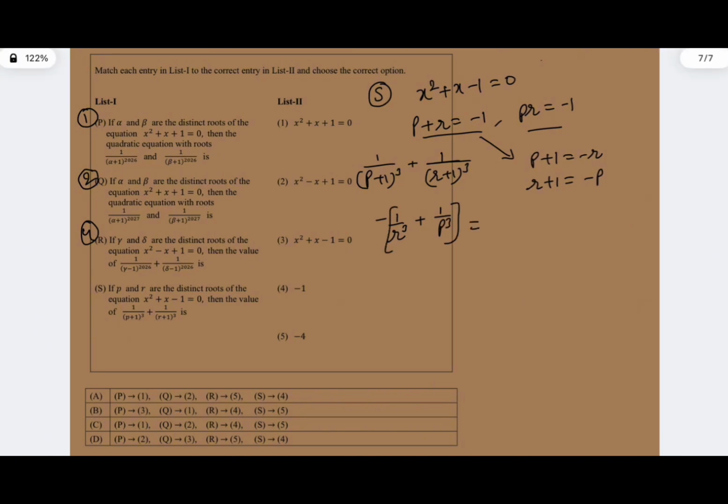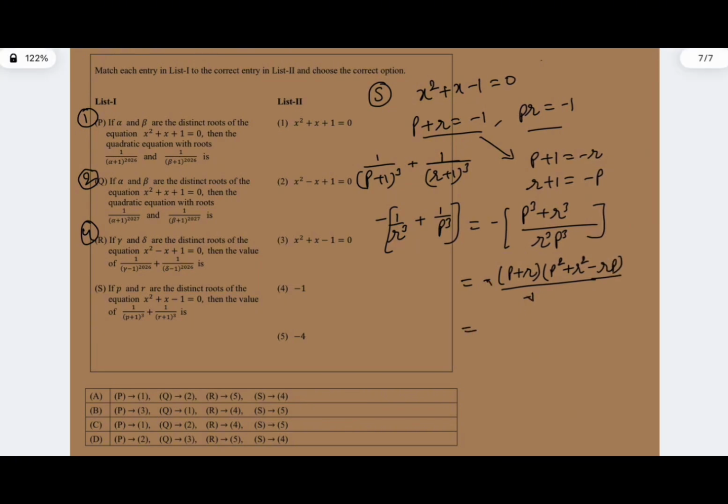And now we can see that this is quite easier comparatively. And we can put the value of pr, which is minus 1. So minus 1 cube is minus 1. And in the numerator, we have p plus r into (p plus r) square minus pr.